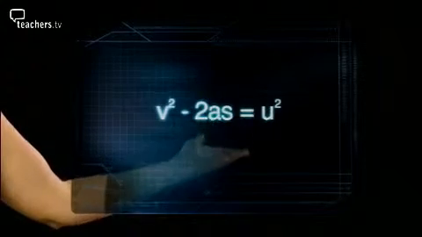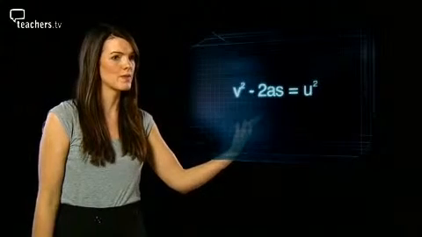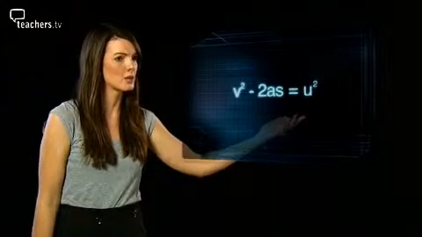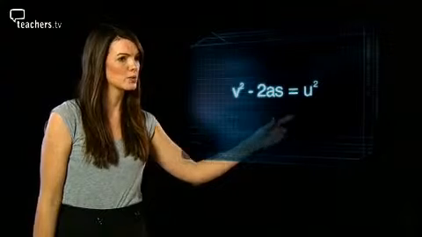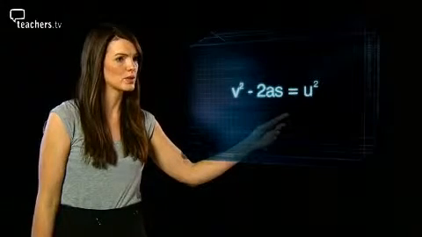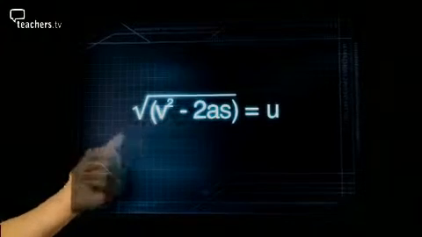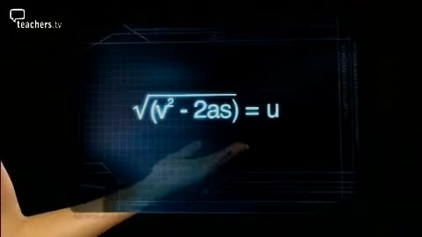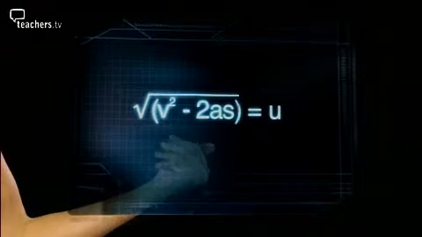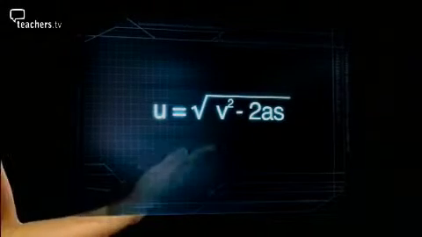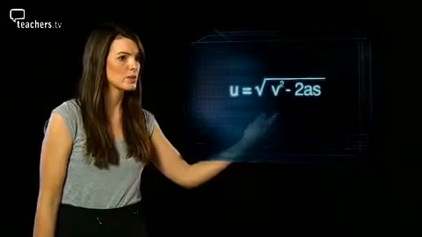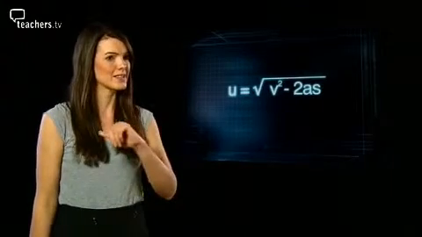That cancels out from the u side, which gives us v squared minus 2as equals u squared. Now we just want u by itself instead of squared, so let's square root both sides, and that gives us the square root of v squared minus 2as equals u, which we can flip round to get u equals the square root of v squared minus 2as.